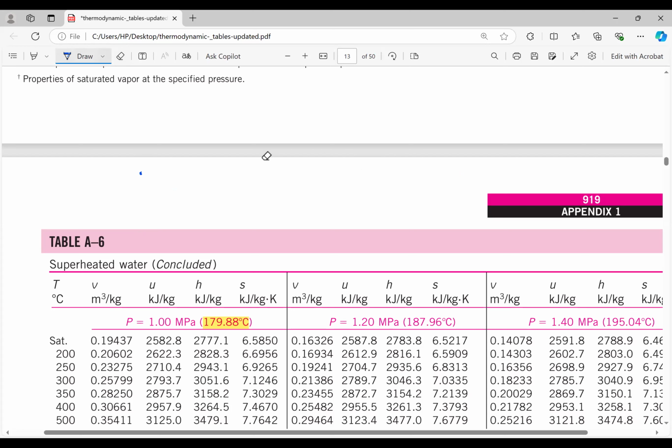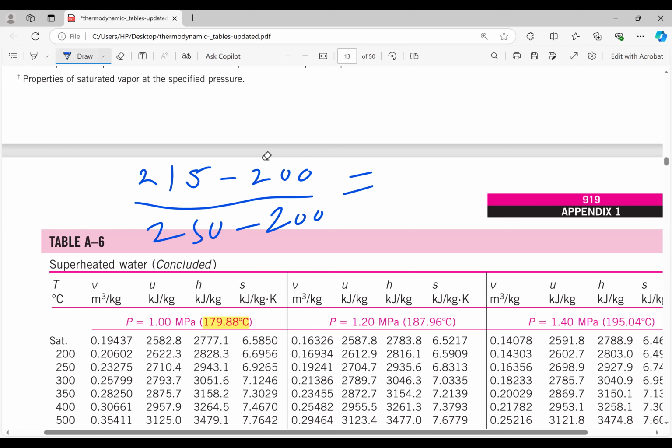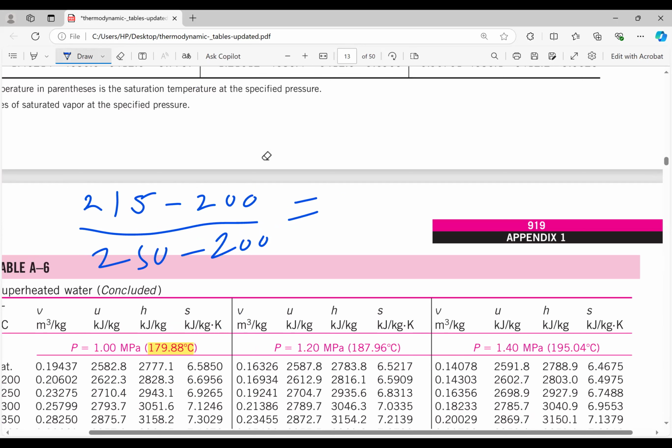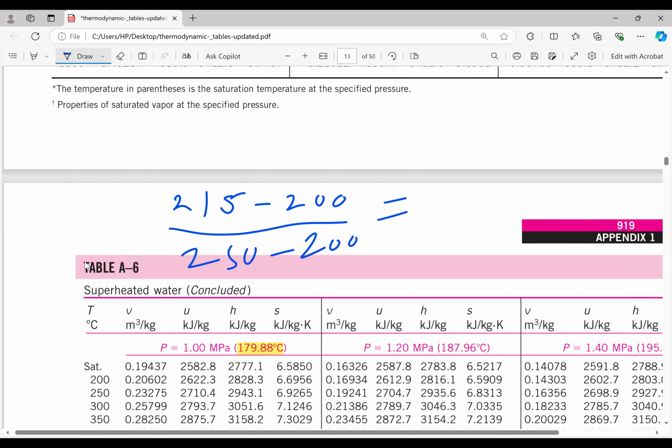So I can say that 215 minus 200 over 250 minus 200 is equal to, so I'm picking the value of what I'm looking for. That's the 215. And then I'm using the value below it, that's the 200, right? Then divided by the value above it and then the value below it. So that's 250 minus 200.